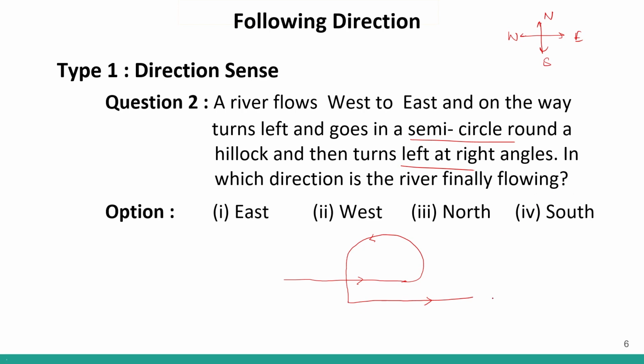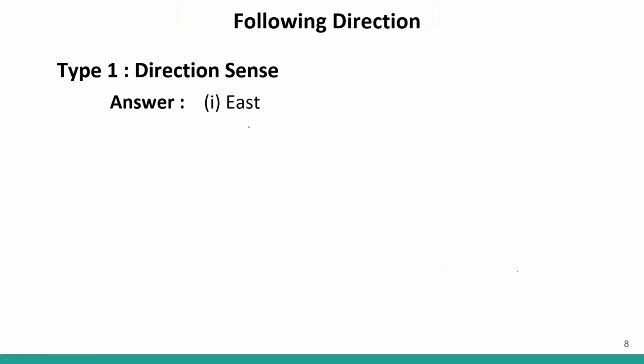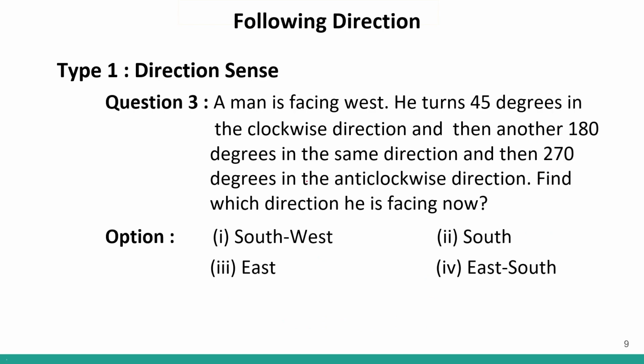So towards this direction means it is flowing towards east. So the answer will be option number 1, east. Clearly you can see it was flowing like this, then it made a semicircle, and at the right angle it started flowing towards the left direction. So again it is going towards the east direction.